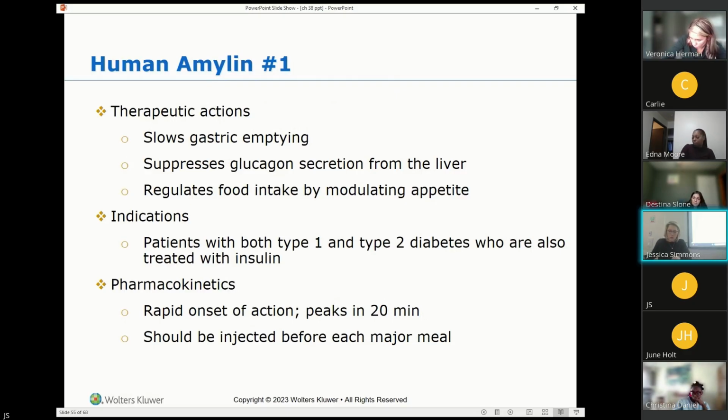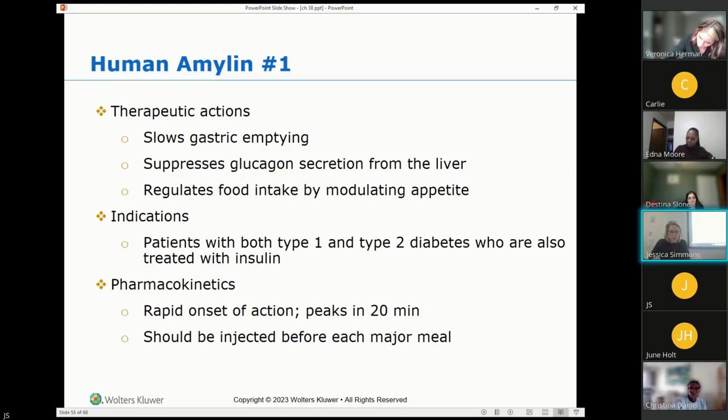So, human amylin, the therapeutic action is that it slows gastric emptying, suppresses glucagon secretion from the liver, regulates food intake by modulating the appetite. It is indicated for patients with both type 1 and type 2 diabetes who are also treated with insulin. It has a rapid onset and peaks in 20 minutes, and it should be injected before each meal.